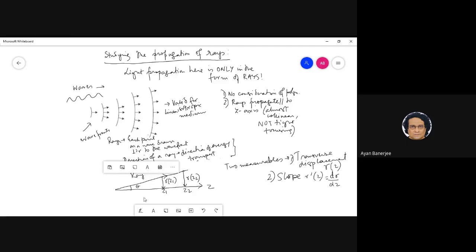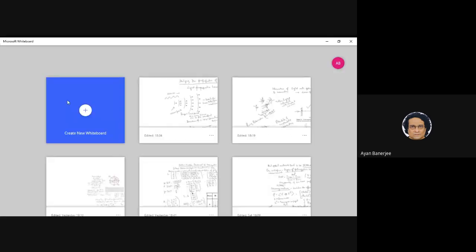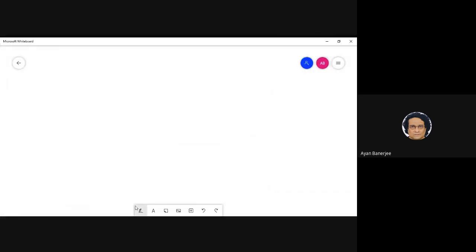Oh shit, there's no copy yet. Copies. Only copied partially. It's okay.